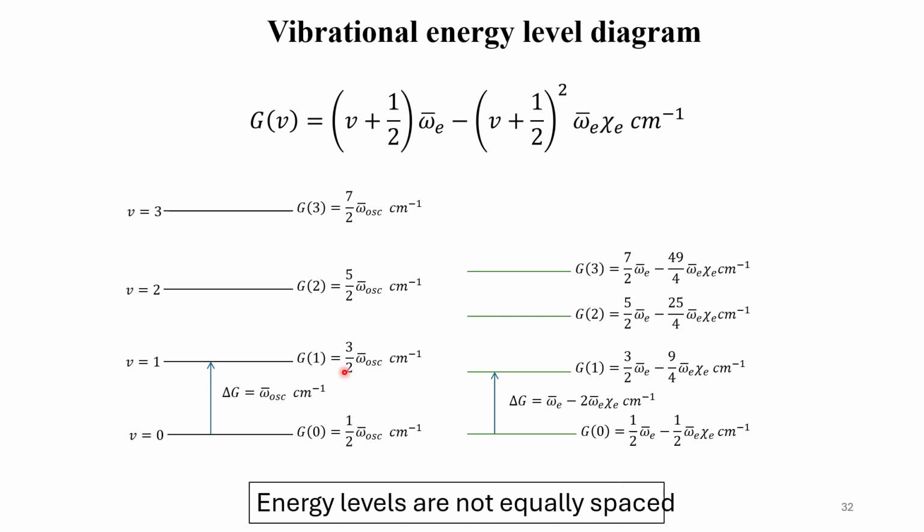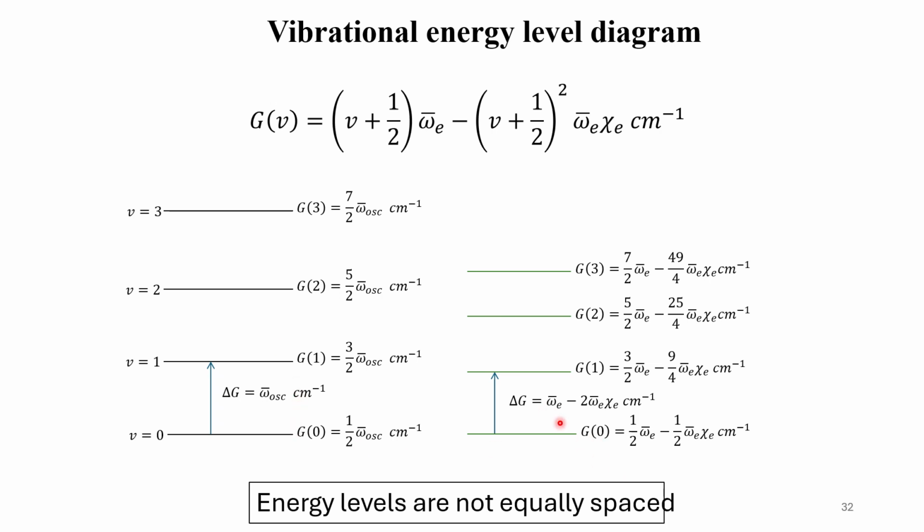When we find the energy difference between one level and another and compare the energy differences between the harmonic oscillator and the anharmonic oscillator, you will see that for the harmonic oscillator, the gap between V0 and V1, V2 and V1, V3 and V2, the energy differences are the same.